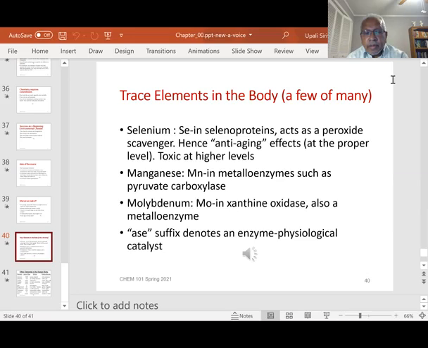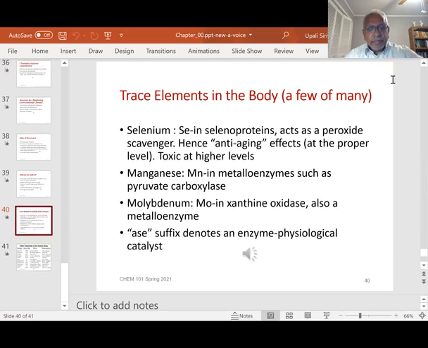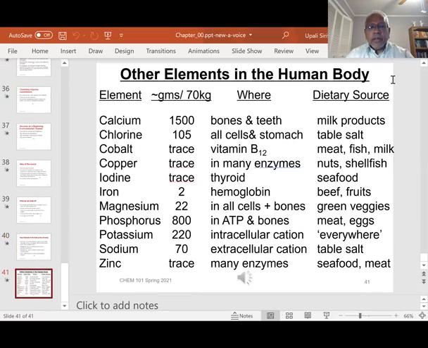Molybdenum is present in another enzyme called xanthine oxidase. The ase suffix is used to signify enzymes, which are physiological catalysts. A catalyst is a substance that increases the rate of a reaction without undergoing any change. So there are a lot of elements in the body.